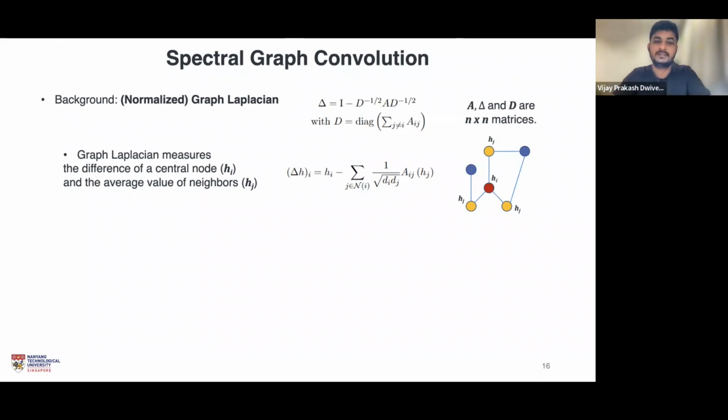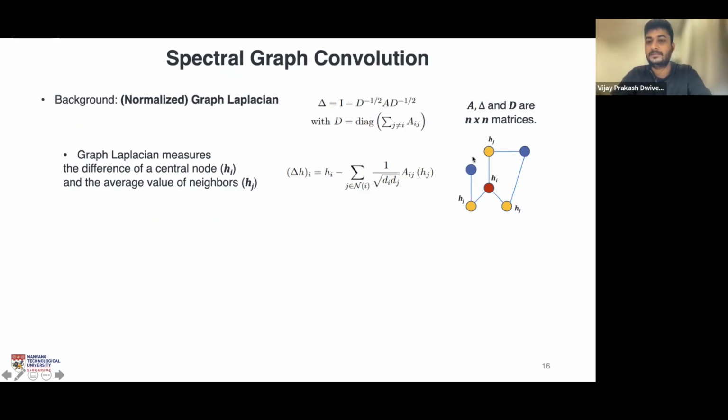The first operator is the graph Laplacian. The graph Laplacian is essentially a function of the adjacency matrix. If we include the identity matrix and D, the diagonal degree matrix, and have this term, it gives the graph Laplacian.